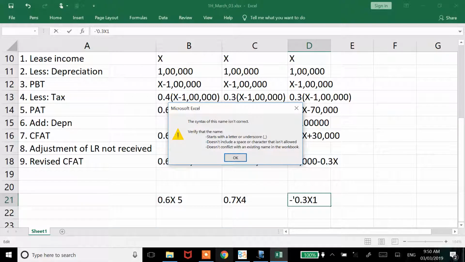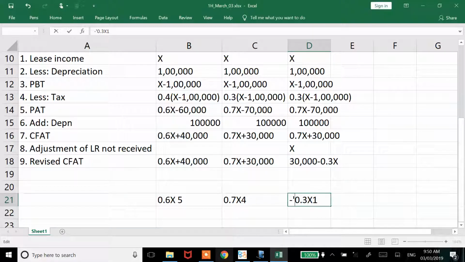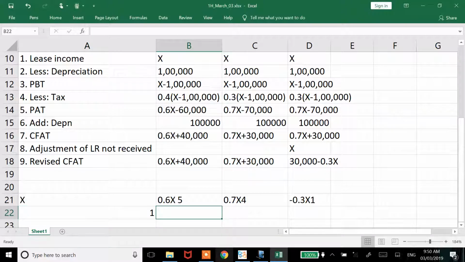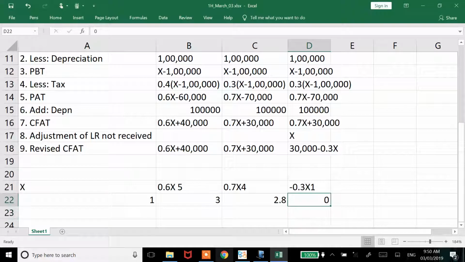Apart from that, just give me a minute. Apart from that, in the beginning year you wrote an X. So lease rental 1, 3, 2.8 and minus 0.3.